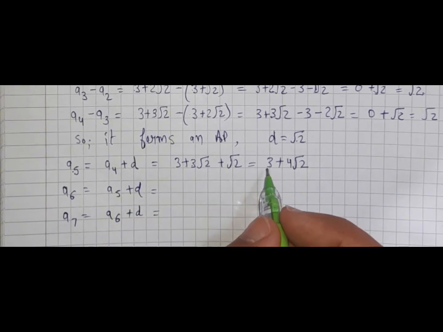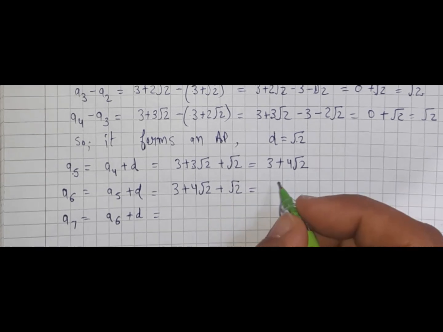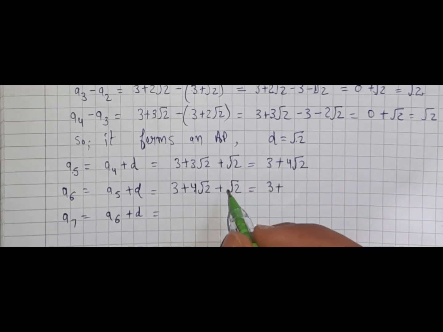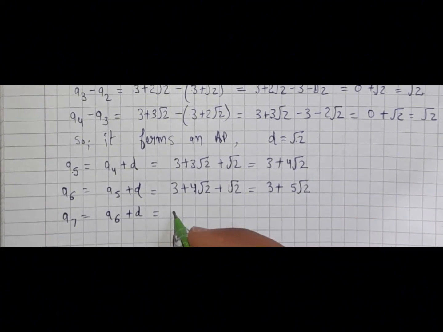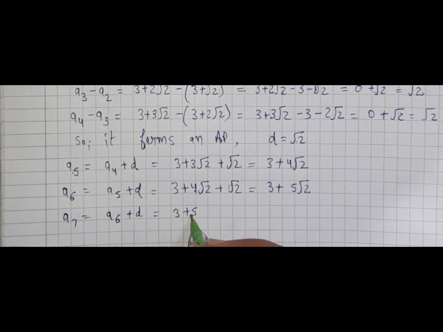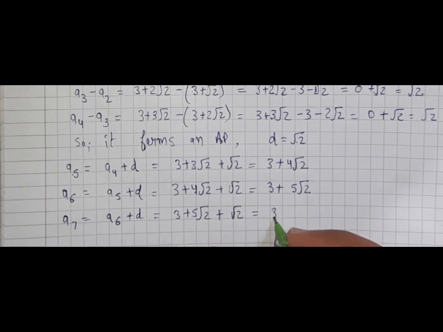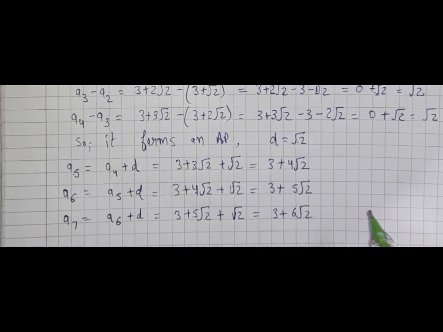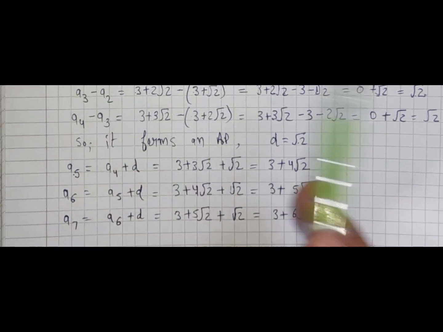A6 equals A5 plus d. A5 is 3 plus 4 root 2 plus d. 3 as it is. 4 plus 1, 5 root 2. And A7 equals A6 plus difference d. 3 plus 5 plus 1, 6 root 2. So these are the next 3 terms of the given AP.